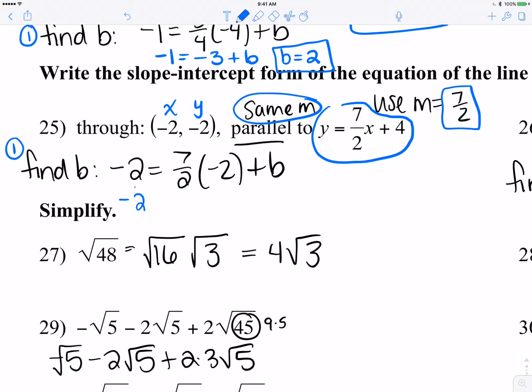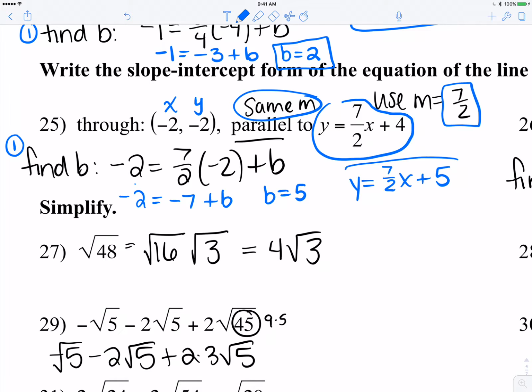So that's -2 equals -7 plus b. Add 7 to both sides and you get a b value of 5. So now we're ready to write the equation of this line. Y equals m, which is 7 over 2, times x plus b. There we go.